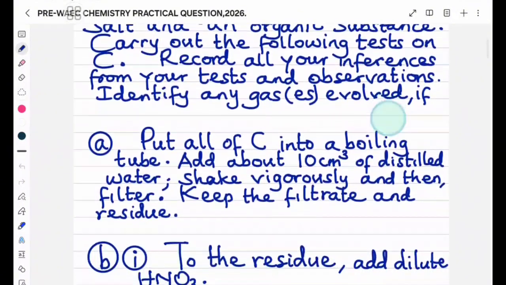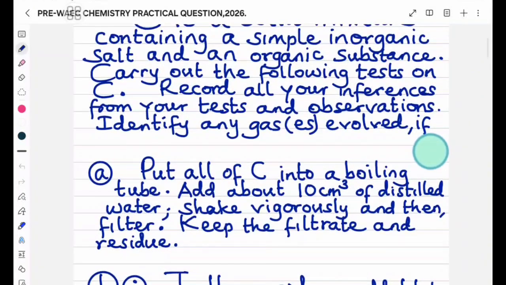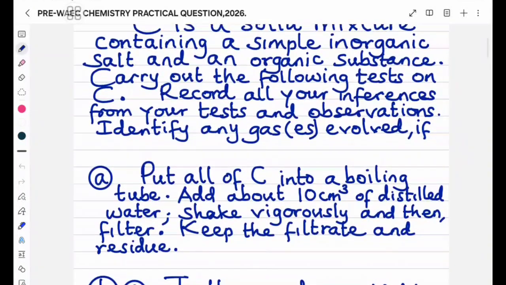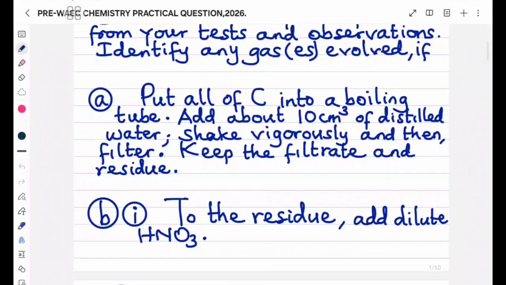Now these are the various tests to be carried out on the sample C. We shall be assuming that the sample C consists of lead carbonate and starch. Both of them are white substances. They are white in color. And these are the tests to be carried out under exam condition.